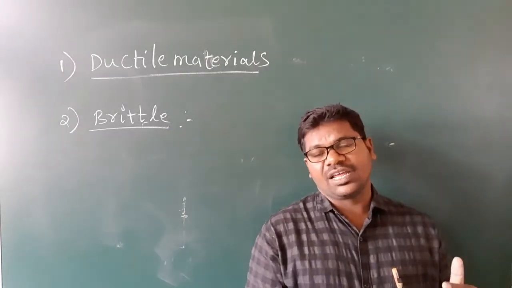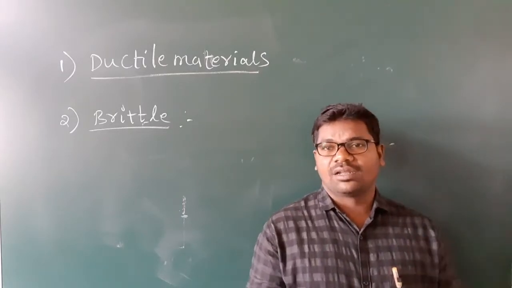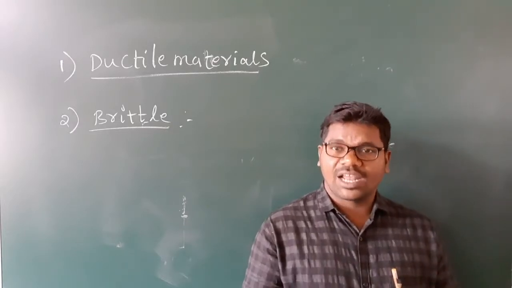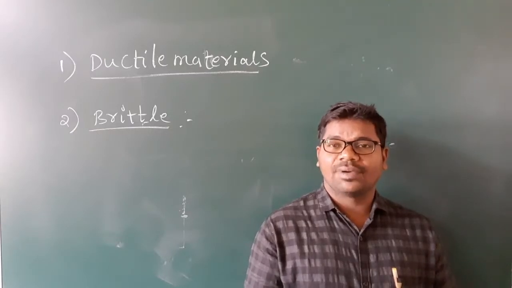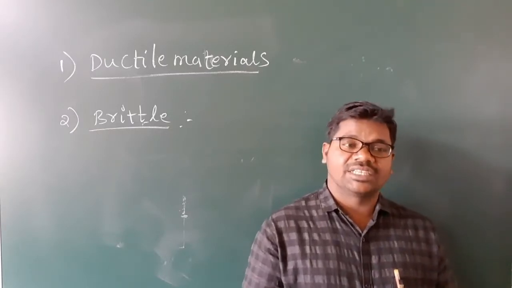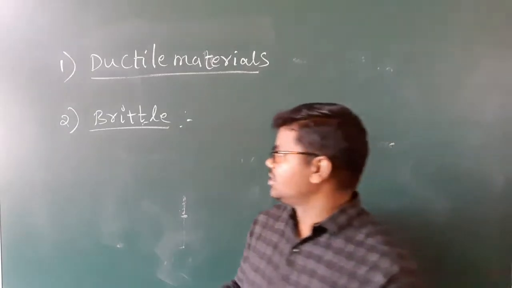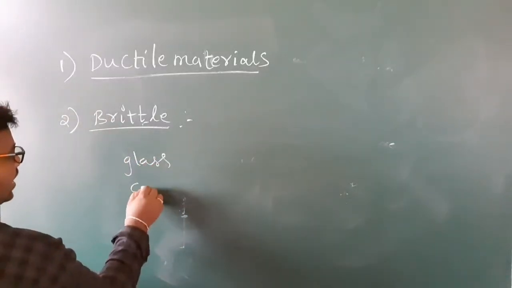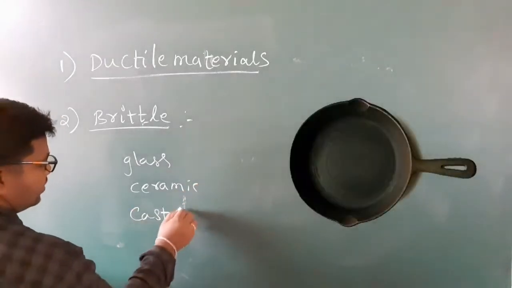After the elastic limit, if we apply stress, the wire or the material will break. Whenever we apply load beyond the elastic limit, the material will break. Examples: glass, ceramic, cast iron.